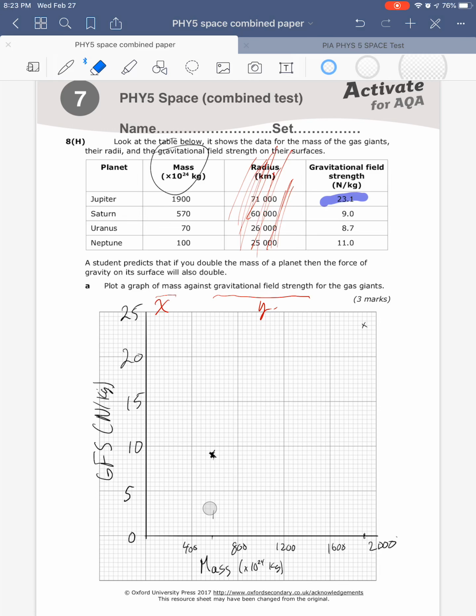I'm going to erase my tracing lines there. Then we've got Uranus at 70, and it's 8.7. And then Neptune at 100 is 11.0.